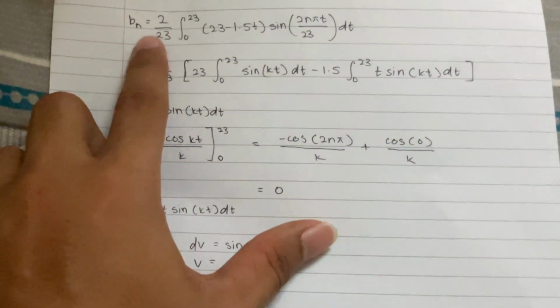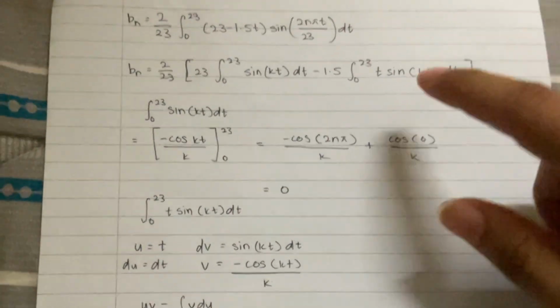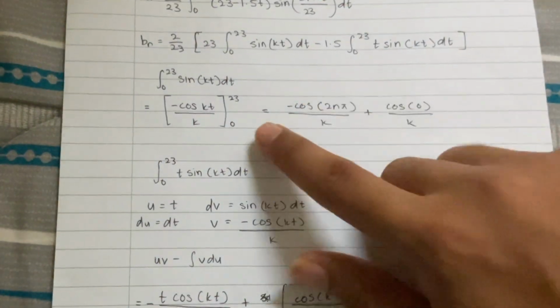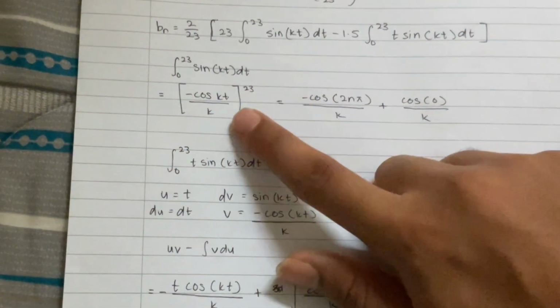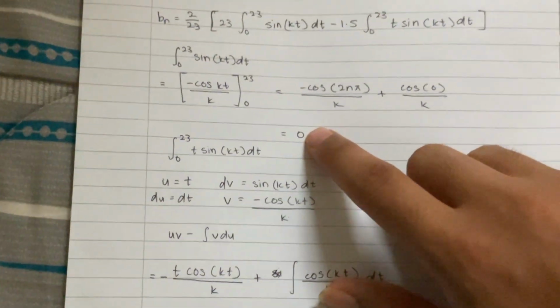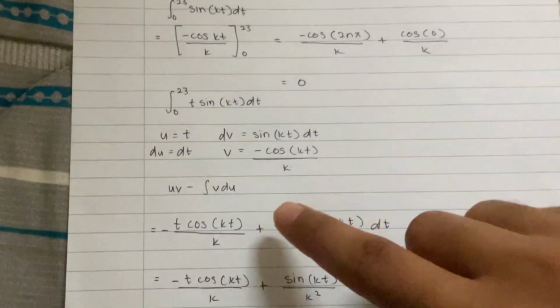We are looking for bn, and we use sine. We integrate one by one. The integral of sin kt dt gives 0, and for t sin kt we use integration by parts.